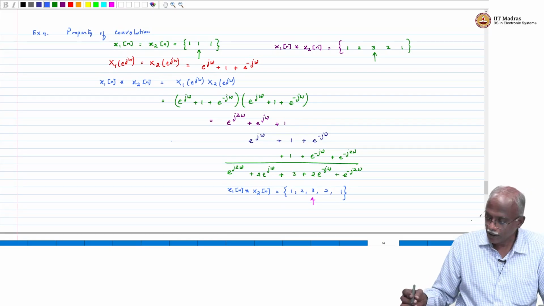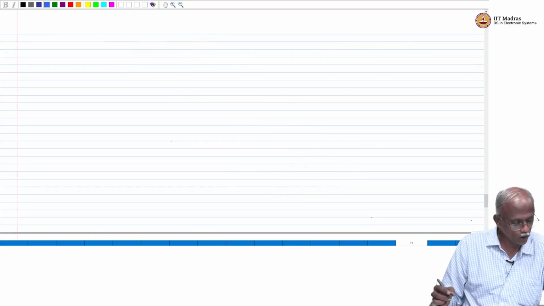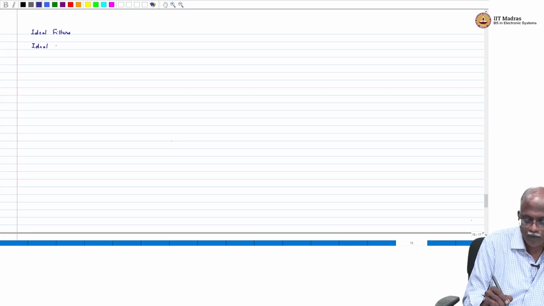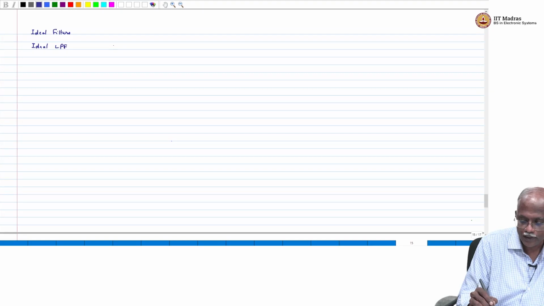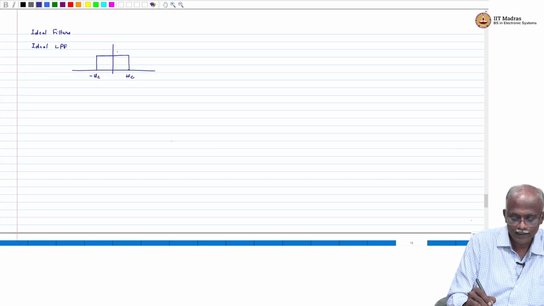Okay, this is a good point for us to introduce the concept of ideal filters. So far we have introduced an ideal low pass filter. An ideal low pass filter is a filter which has a pass band, or which allows all frequencies between minus omega c to omega c, and has a height of 1.